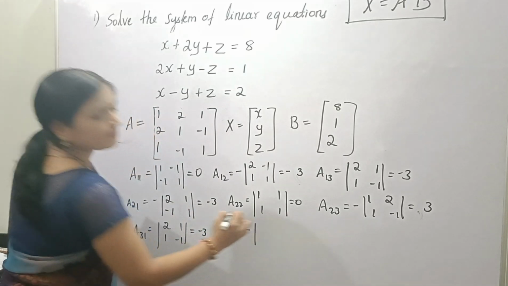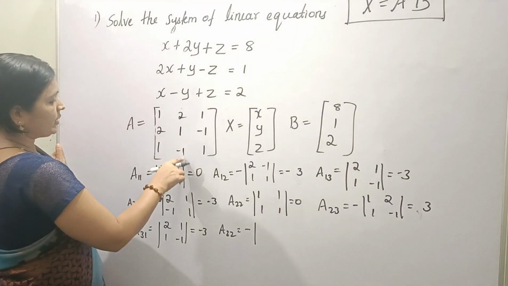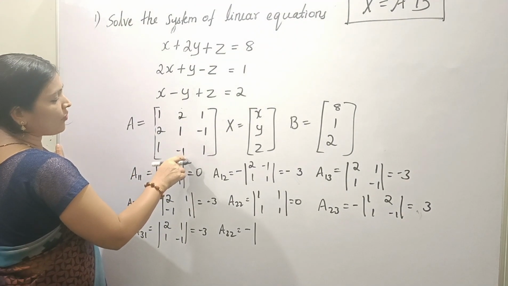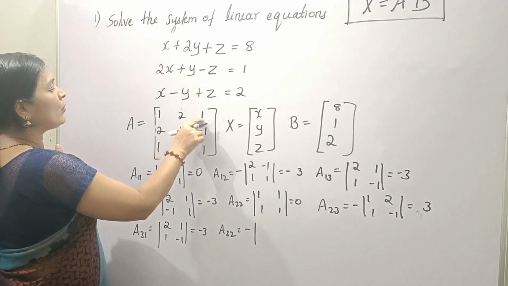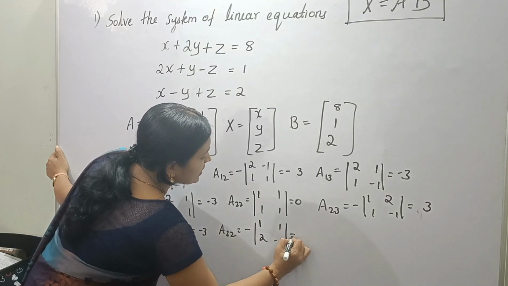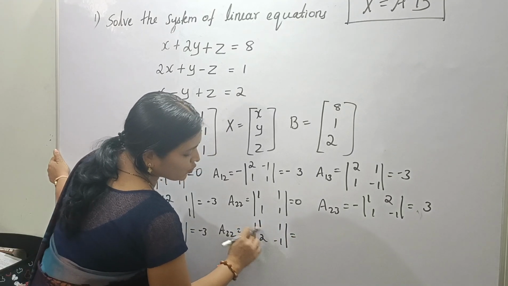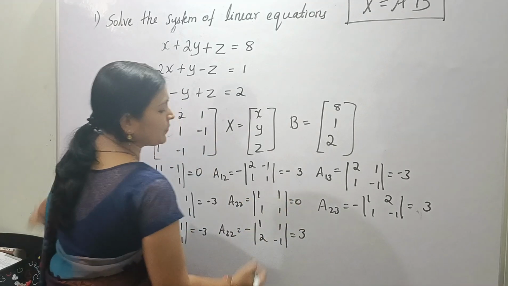Here it is minus. A32 means this one, the cofactor of minus 1. Delete this row and column. So 1, 1, 2, minus 1. That is minus 1 minus 2, minus 3. Minus into minus is plus, so plus 3.